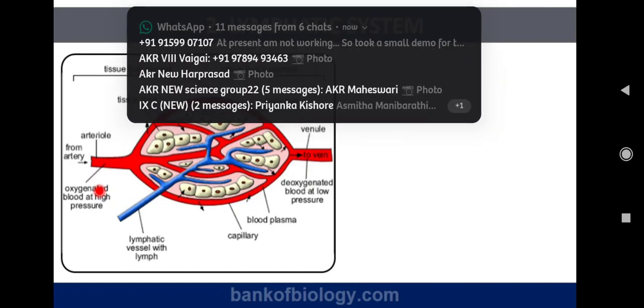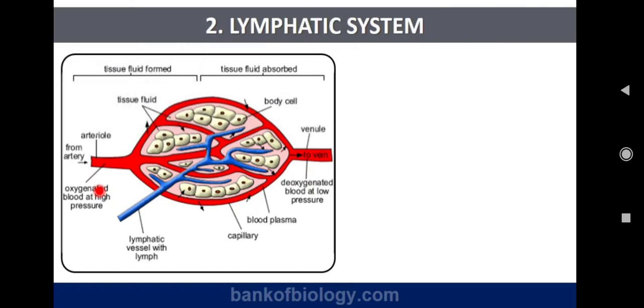During this time, the blue colored one, the lymphatic tissue, will be formed in between the cells. See, the blue colored one is flowing in between the cells. So these are called interstitial fluids. Later, these fluids will mix with the lymphatic tissue, which is called lymph, containing lymphocytes.